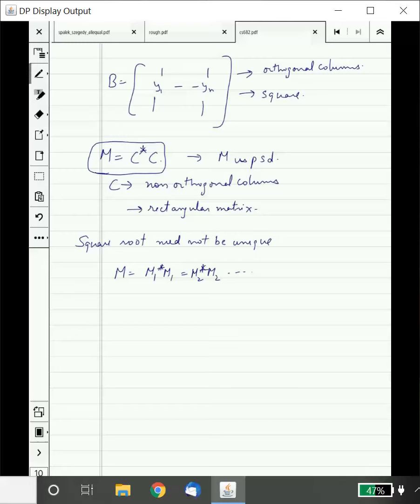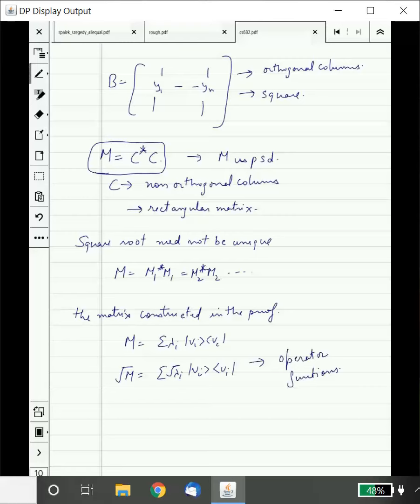What I would want you to show is that if M is summation lambda i Vi Vi star, look at this matrix, which is square root lambda i Vi Vi star. This agrees with our understanding of even operator functions.